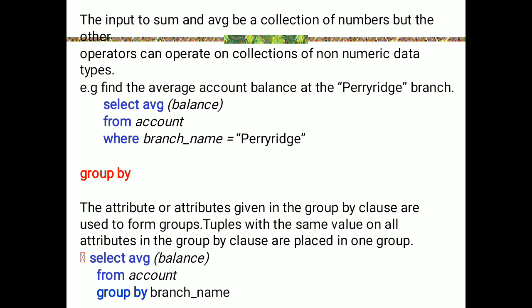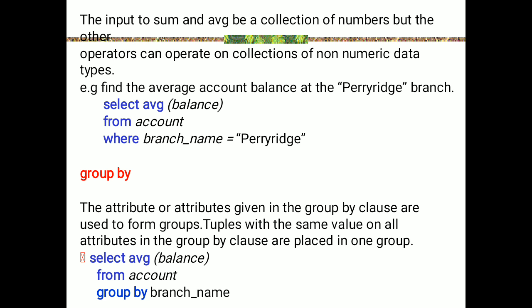In this way you can use various aggregate functions in SQL. If I write select min balance, then I will get the minimum balance value. If I write max balance, then I will get the balance which has the maximum value.